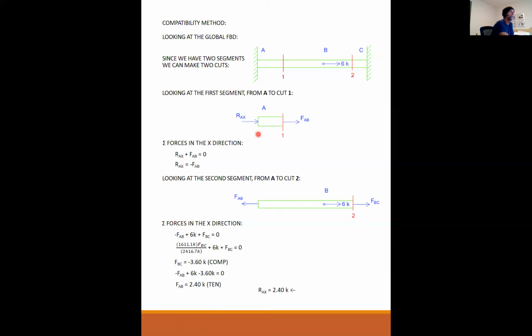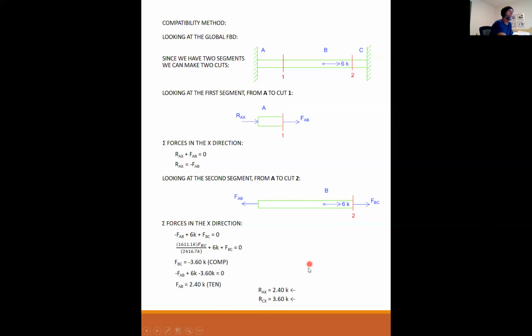Those are either in the direction that you assumed or they're in the opposite direction that you assumed, indicated by the arrow. Okay? So make sure you understand that internal loads are positive or negative, tension or compression. Reactions, which are external reactions, are denoted by a direction arrow.